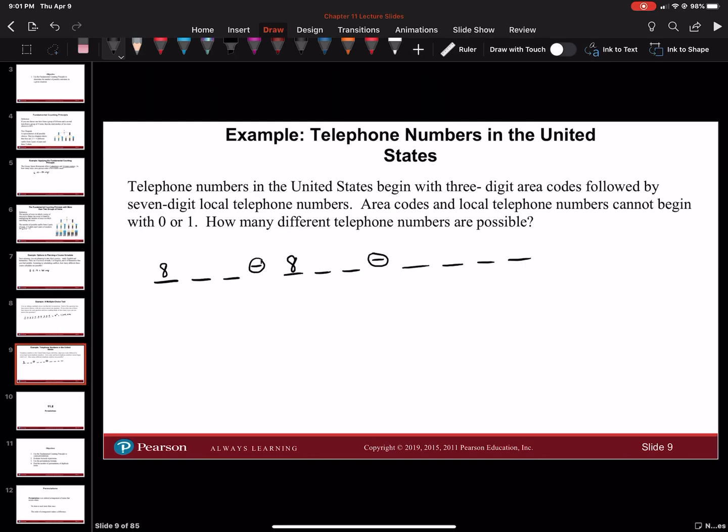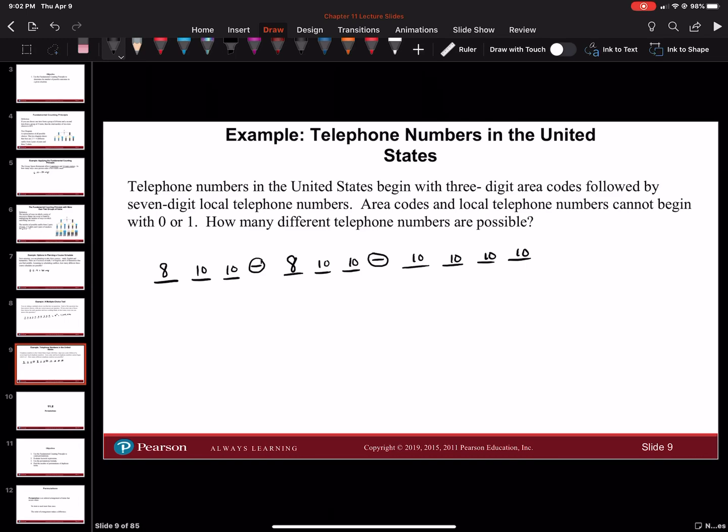Same for here. It's 8 different digits that we can use. We're not saying that digit is 8. We're saying it's 8 different digits that can be used. Now, for the rest of them, it could be anything, 0 through 9. All these 10s you see me writing are the 10 different digits that I can have at that spot.